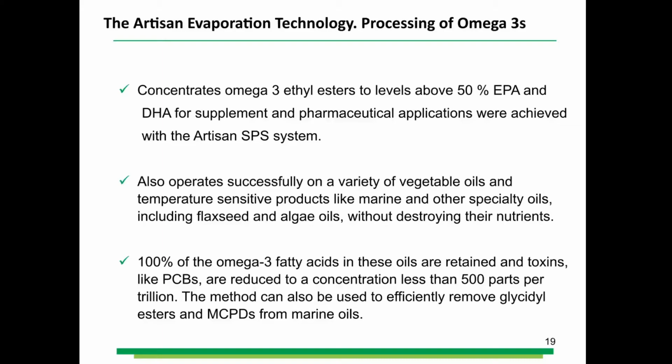The Artisan multi-stage evaporation system is capable of concentrating above 50% EPA and DHA for supplements and pharmaceutical applications. This system also is successfully applied to other oils such as flaxseed and microalgae oils, without destroying the nutrients, such as EPA and DHA.